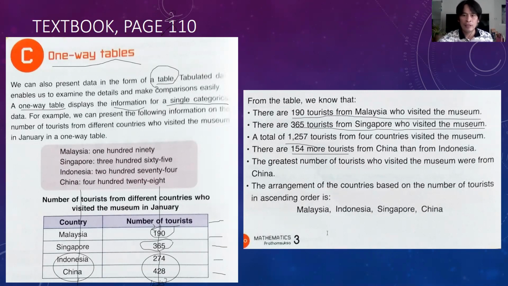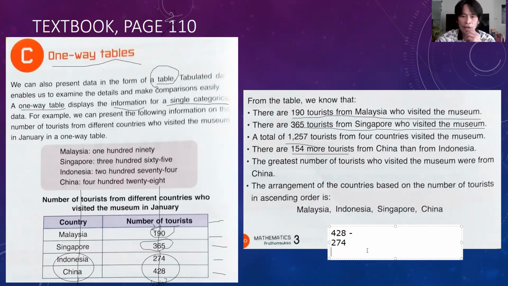Look here. 428 minus 274 is equal to: 8 minus 4 is 4. 12 minus 7 is 5. And then 3 minus 2 is 1. So it's 154.